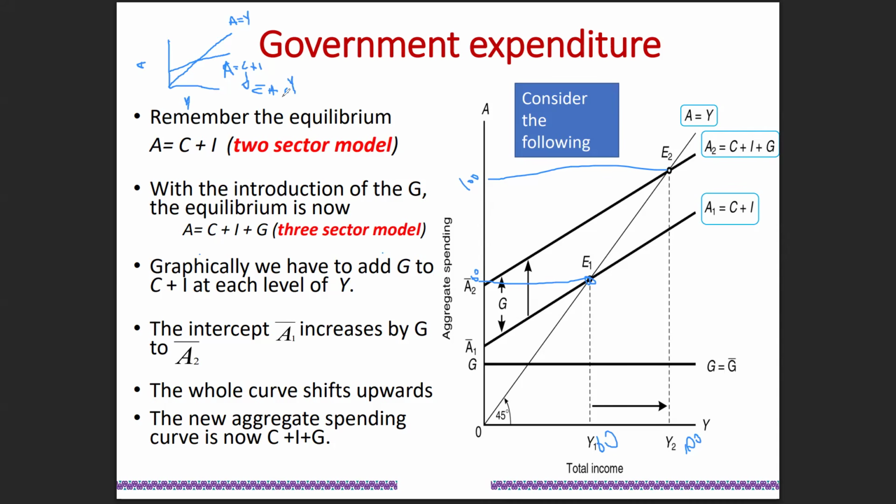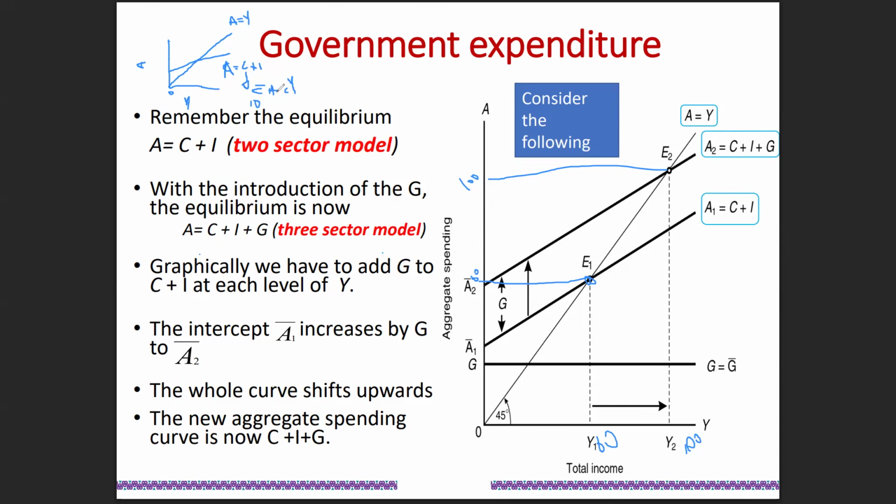For autonomous consumption, even if our income is zero, it is greater than zero, because this is the consumption that is independent of the level of income. I made an example back then: if our autonomous consumption is 10, then the graph for the consumption function will start at 10.